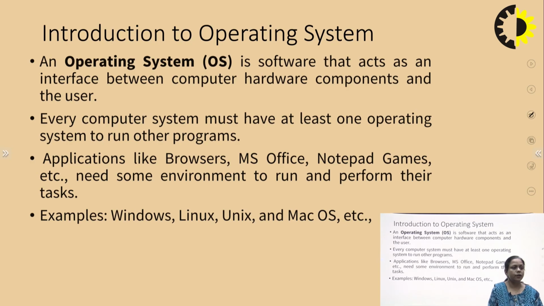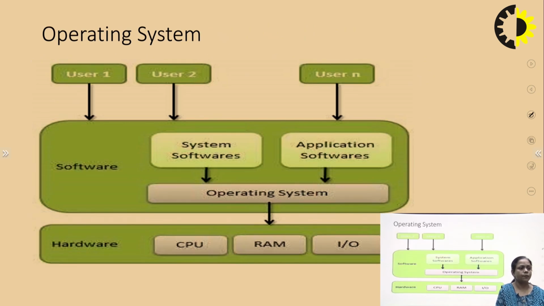Now we will see what the main functions are that the operating system performs. This is the diagram. You can see in this diagram we have hardware components, and in the hardware components we have CPU, RAM, input, output. And this is a layer in which users work. And this is another layer between the hardware and user, known as a software layer, where we have different types of software.